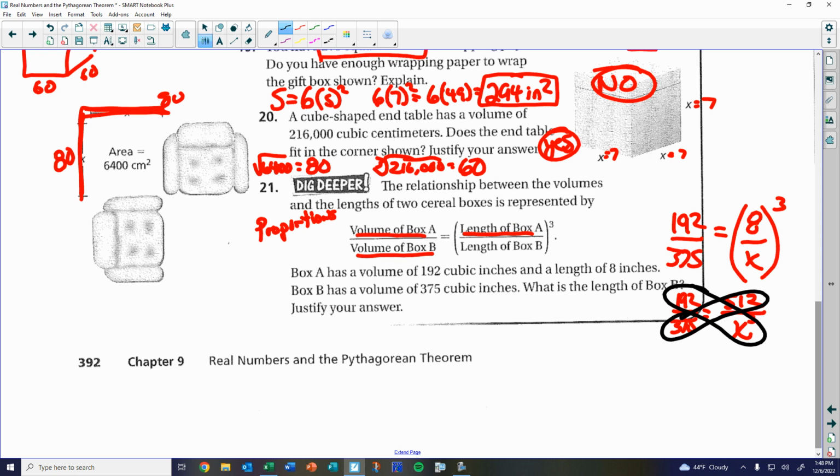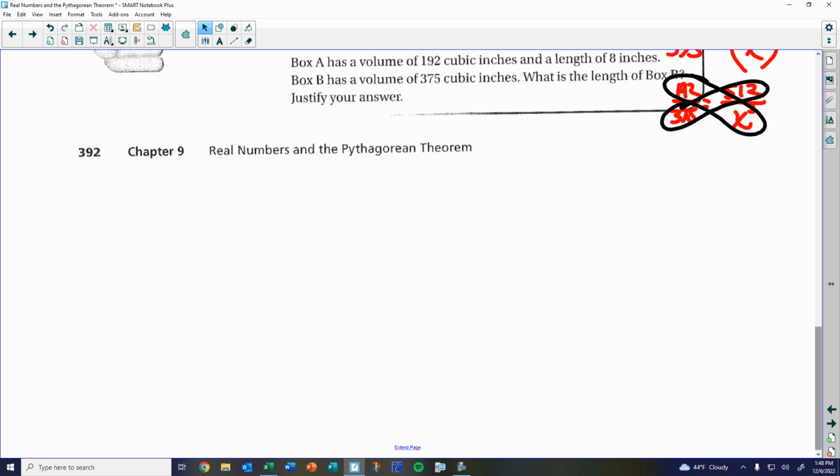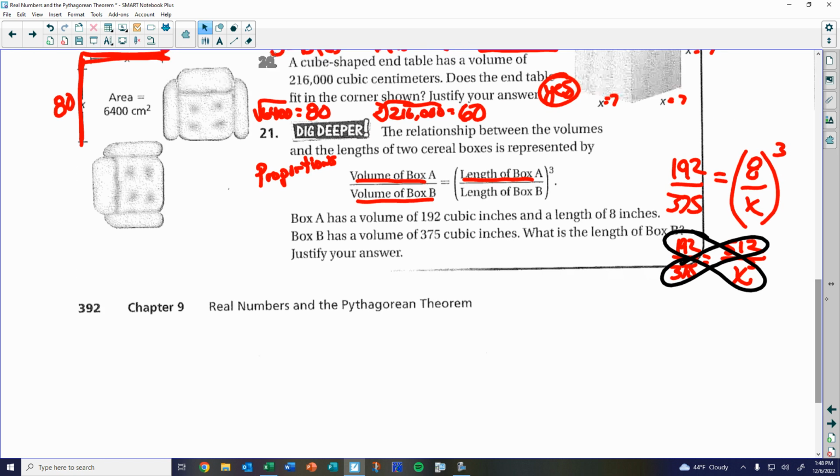So I'm going to scroll this down a little bit here so we have a little bit of room to write. So 192 times x cubed is 192 x cubed, and 375 times 512 is 192,000. So now we're basically just solving an equation, right? Because the length of box B is what we're looking for, which is x. We're trying to figure out what x is.